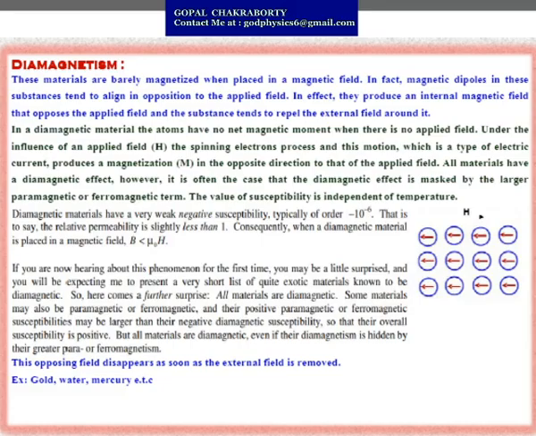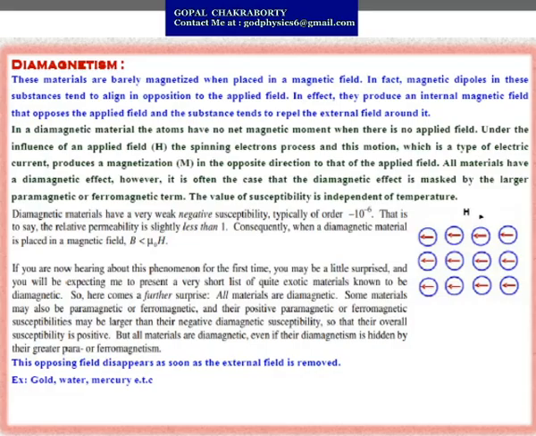Consequently, when a diamagnetic material is placed in a magnetic field, B will be less than mu naught H. If we are hearing about the phenomenon for the first time, you may be a little surprised, and you would be expecting me to present a very short list of exotic materials known to be diamagnetic.